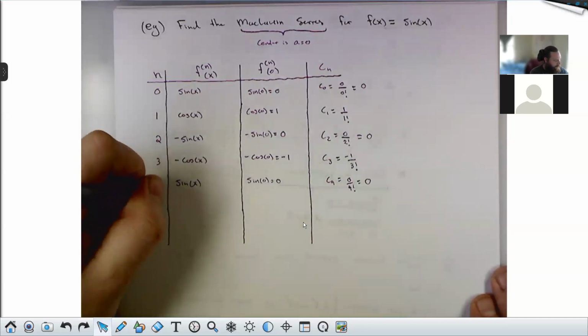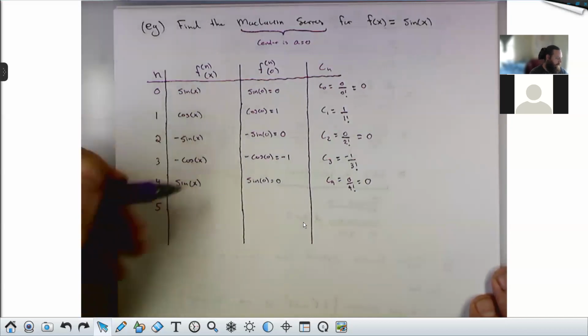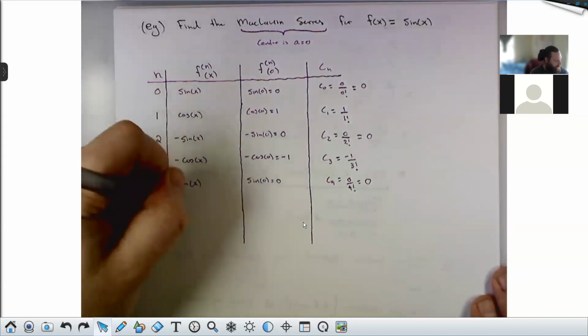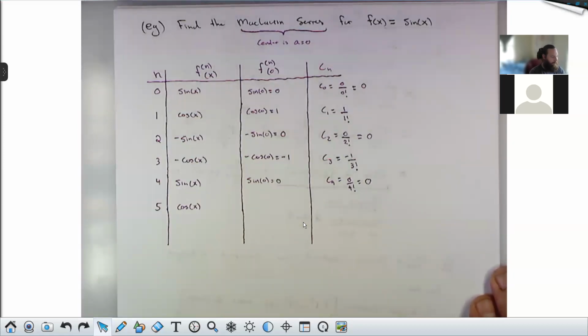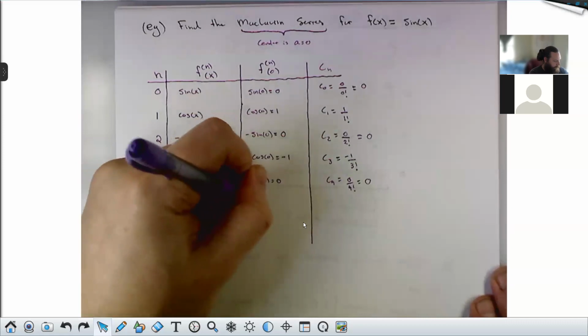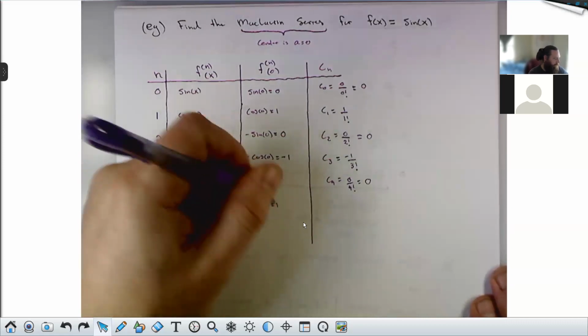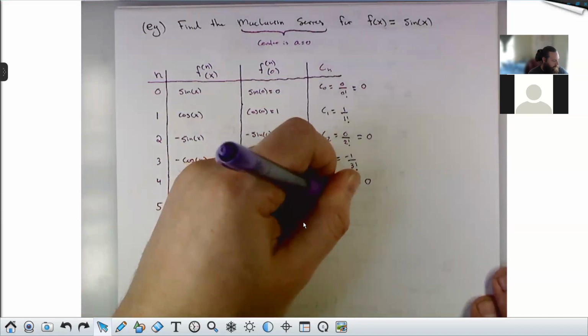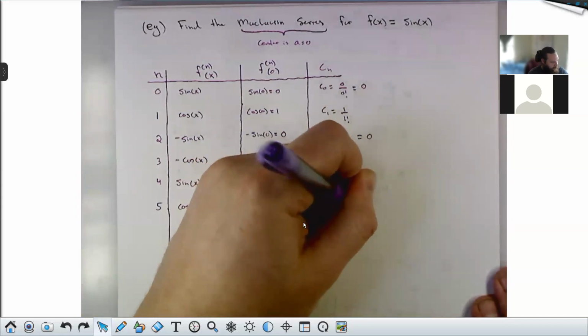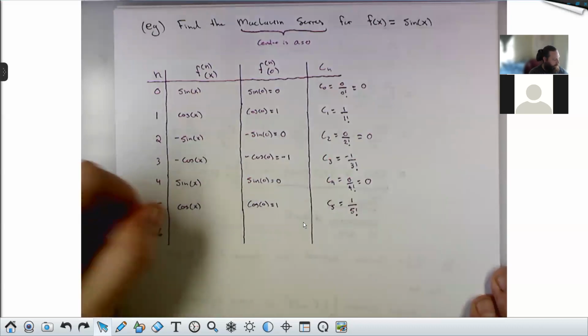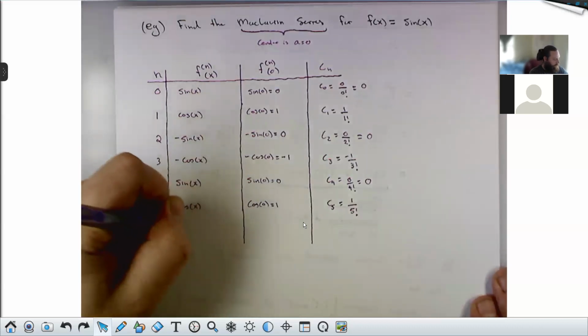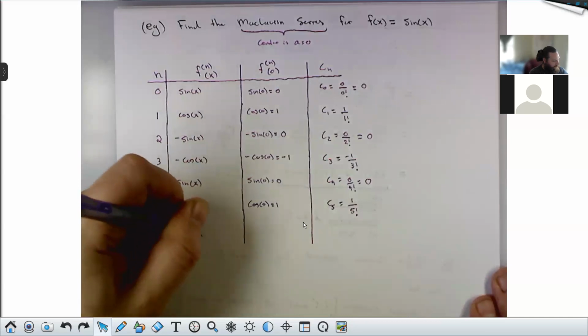When n is equal to 5, the fifth derivative of sine is the same as differentiating this guy, which is cosine. Plugging in my center, which is 0, cosine of 0 is 1. So C5 is that number, 1 divided by 5 factorial. When n is equal to 6, differentiate again, you get negative sine of x.